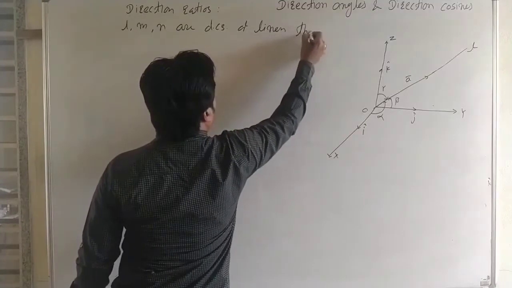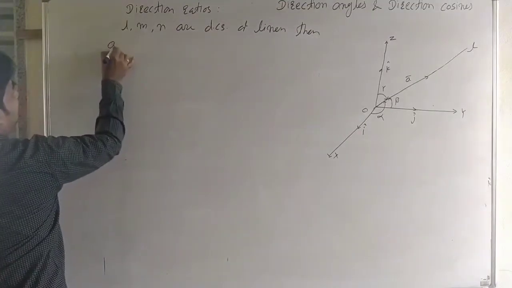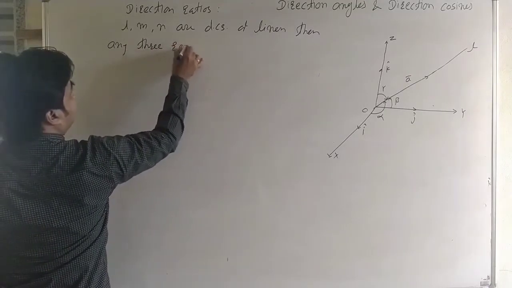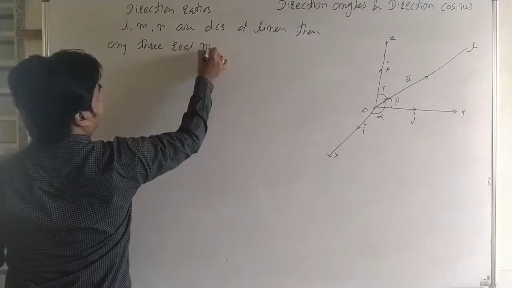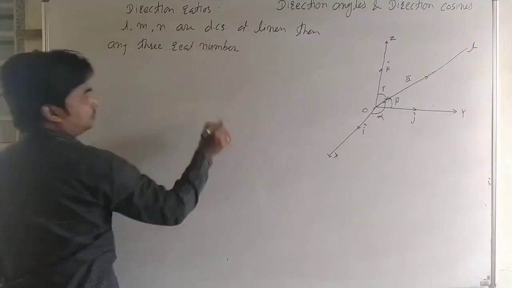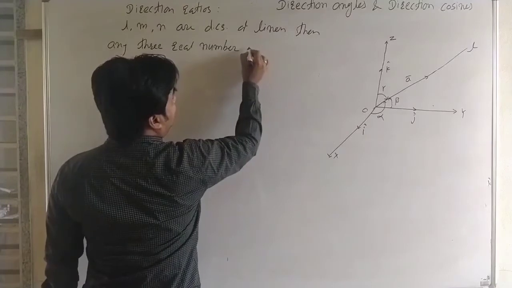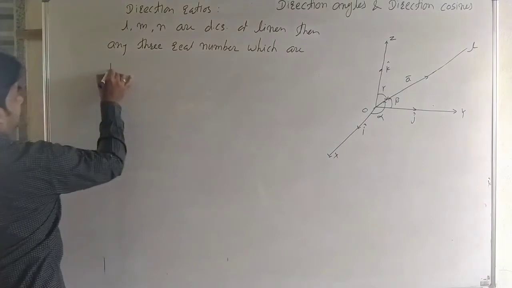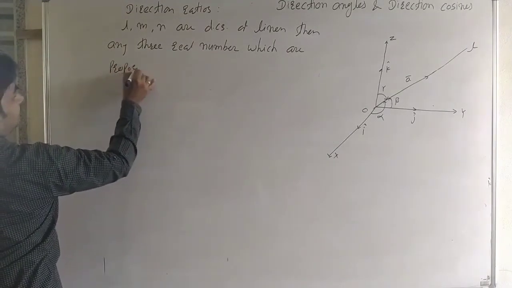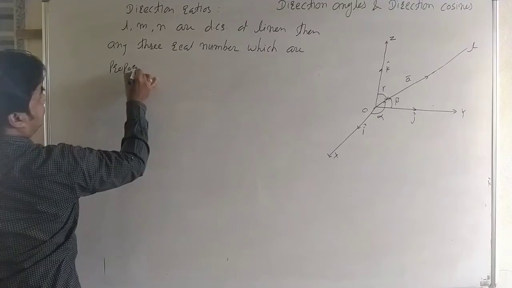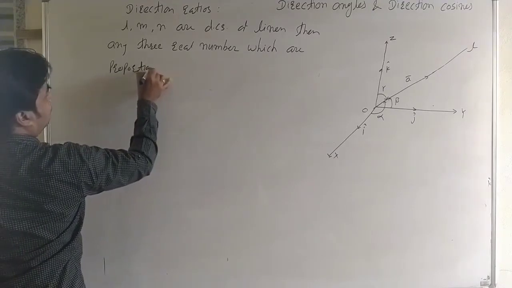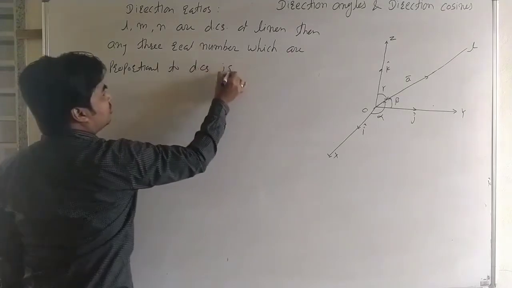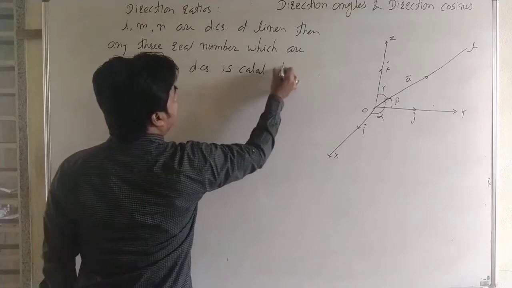Then any three real numbers which are proportional to the direction cosines are called direction ratios.